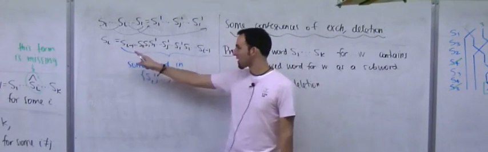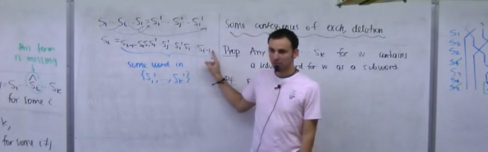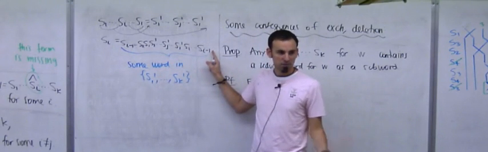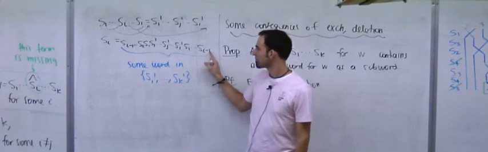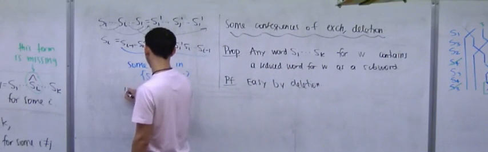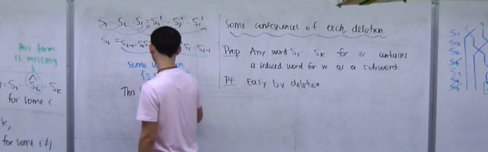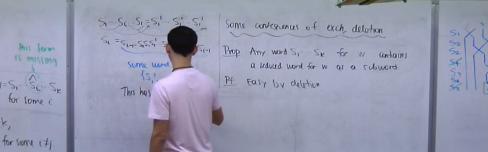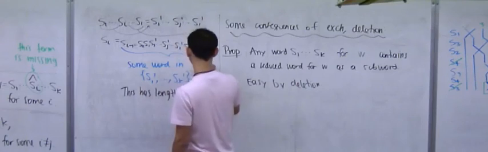So it looks very long, but actually this has length 1 in terms of the generators. This big thing has length 1. It must, because it's equal to si.